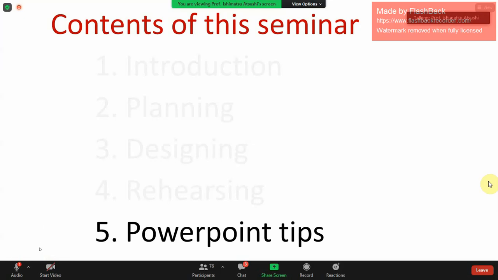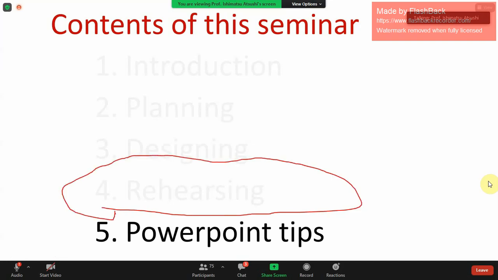So in this case, when you place your pointer here and left click, you have this. And then if you go to this one, pen, then you can do this, okay? And if you go to highlighter, then you can highlight.